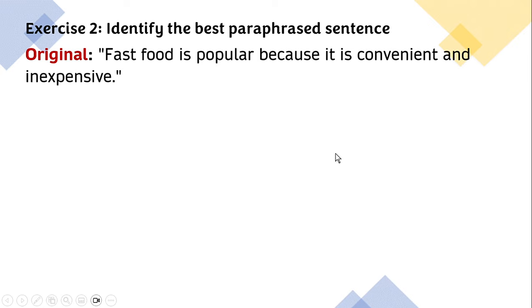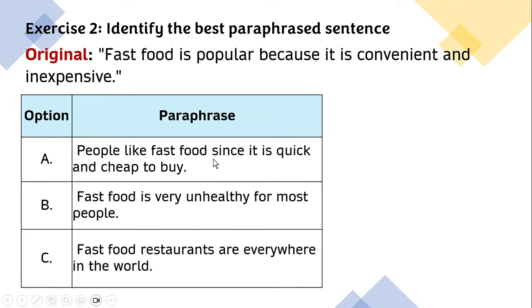So here we have another kind of exercise. I want you to identify the best paraphrased sentence. This is the original one: fast food is popular because it's convenient and inexpensive. I want you to paraphrase this one, and it might be one of the three here.